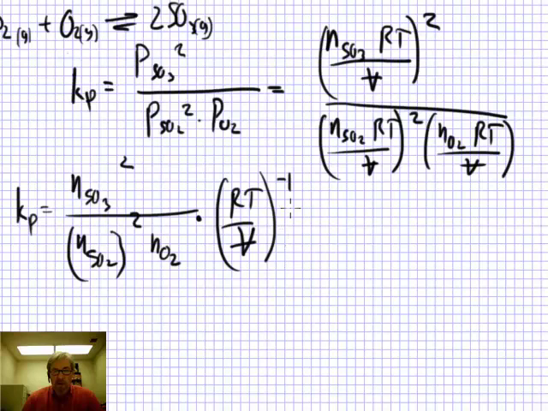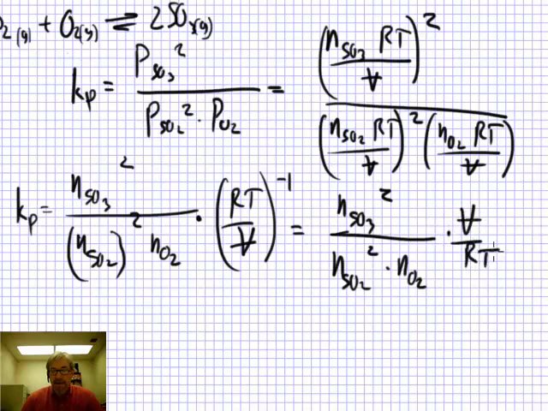Well, something raised to the negative 1 means just its reciprocal, so this changes to number of moles of SO3 squared over number of moles of SO2 squared times number of moles of O2 to the 1, times V over RT. Now what happens if we make the volume smaller? So now I've decreased the size of the volume.